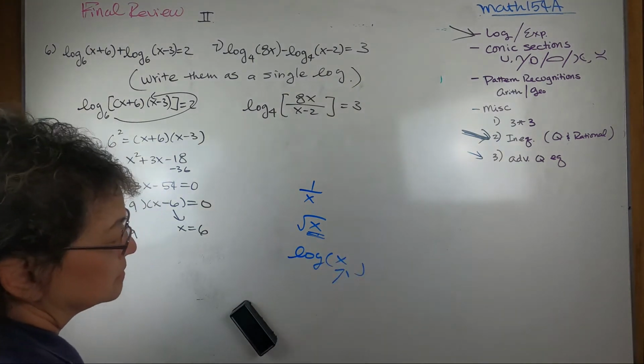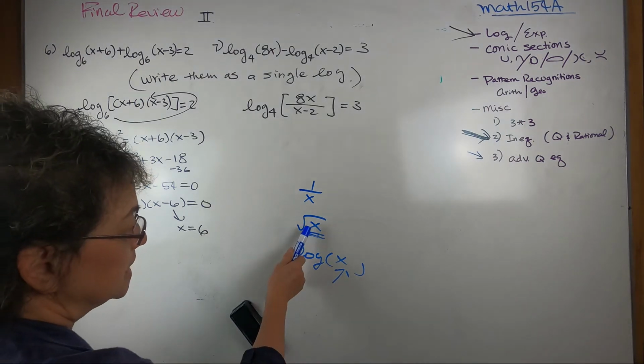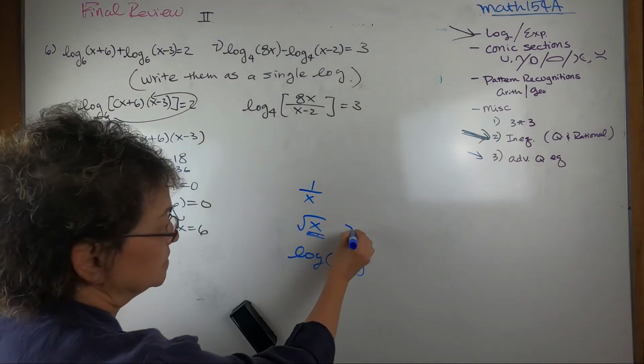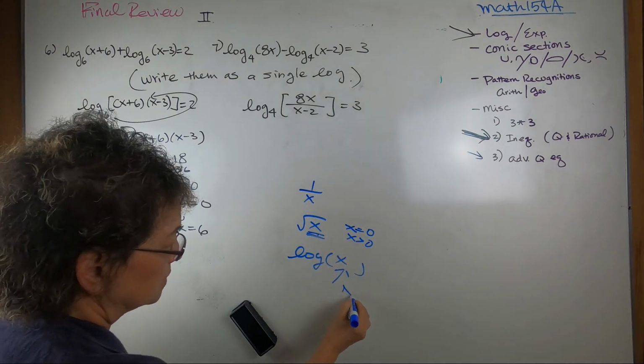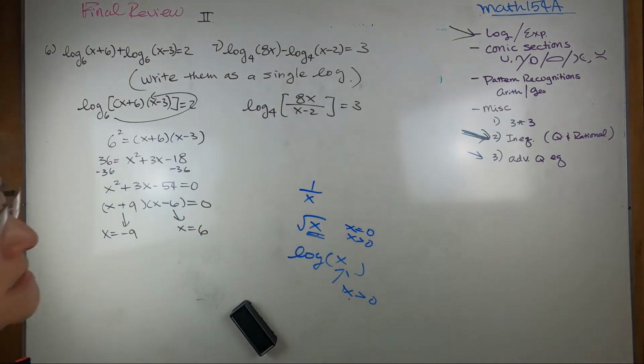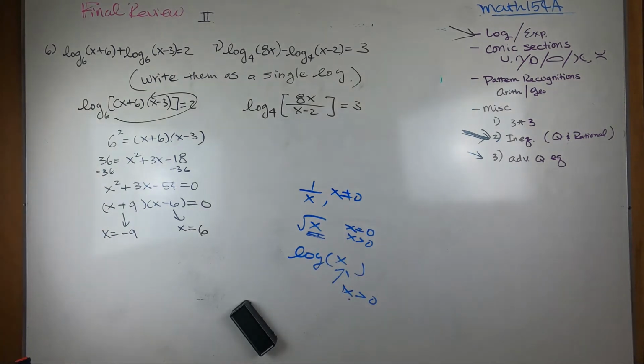Inside the log has to be what? Positive. Even roots can be 0, 0 or bigger than 0. But inside the log has to be positive. That was the restriction. For fractions, the denominator cannot be 0. So we need to check.